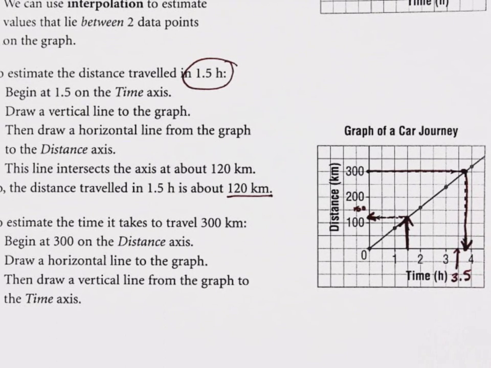What's your estimate? Anybody feel confident? What's greater than 3.5, but less than 4? Give me a value. No, because 345 is a little less than a half, so maybe 3.75, right?